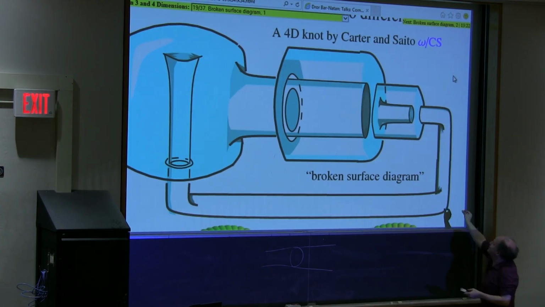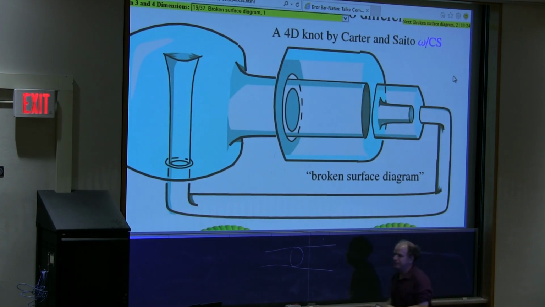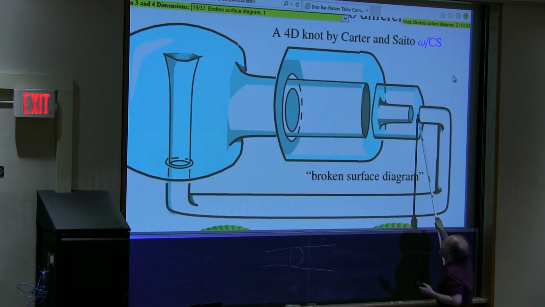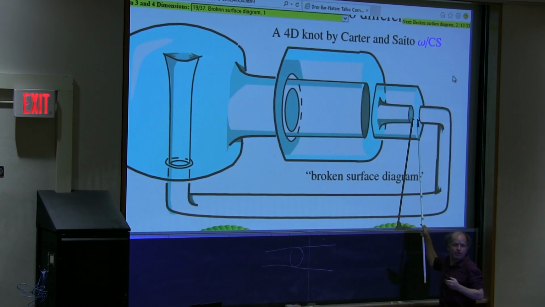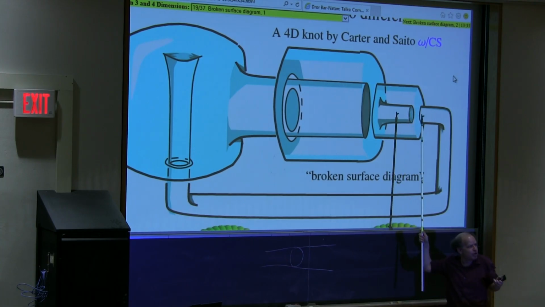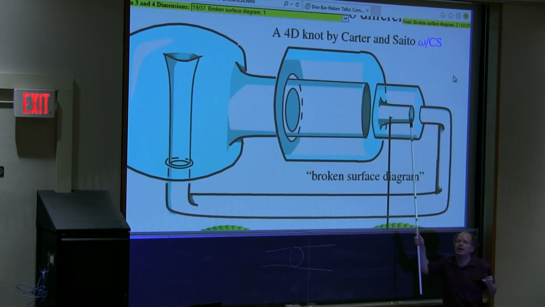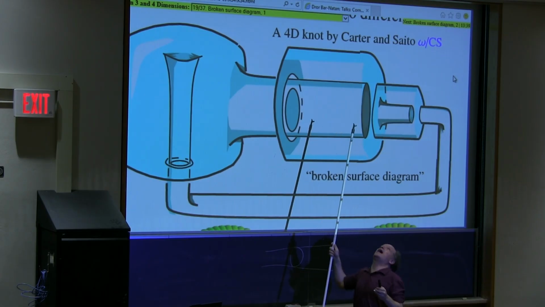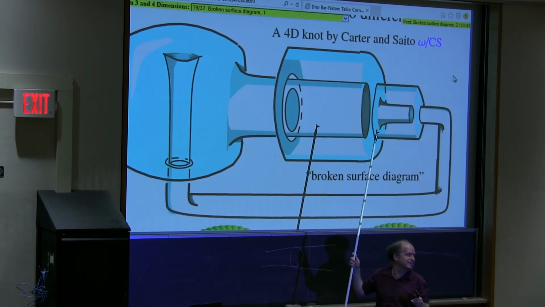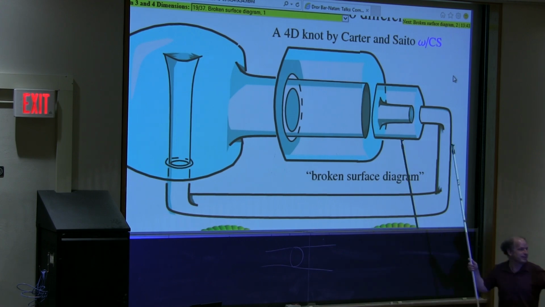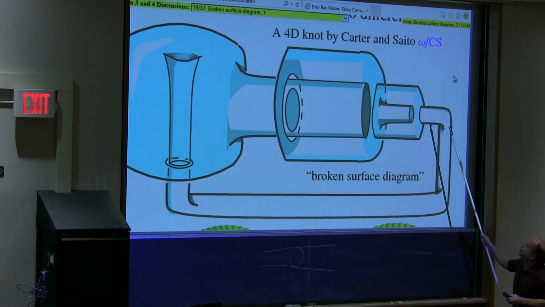Then it goes here, and it goes under something. Under what? At the moment I don't care, I'm just following the tube. I walk on the tube and I know that up above me, in some four-dimensional sense, there is something. At the moment I don't care what it is.